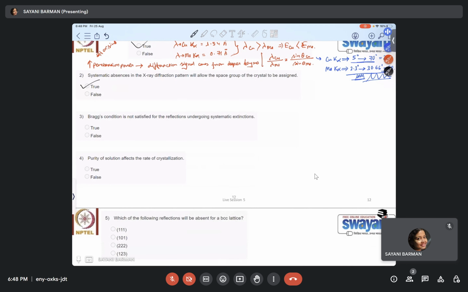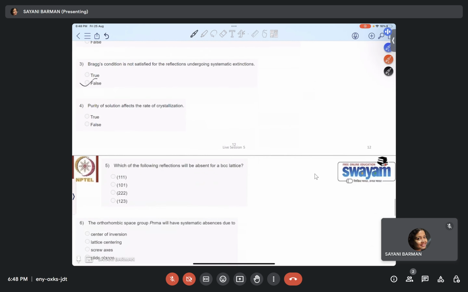So it's false. The purity of solution affects the rate of crystallization. Yes, if the solvent is pure, then it crystallizes well, and if there is any impurity, then the crystal may not come out pure, or the crystal structure varies, or you may not get the ordering. So it affects, yes.